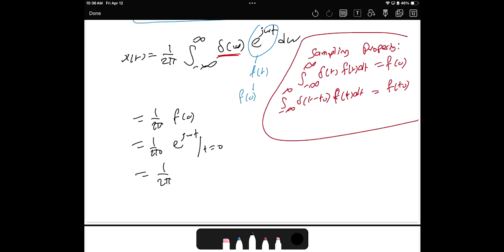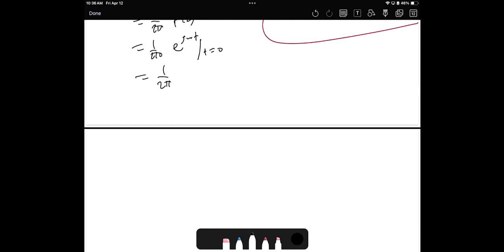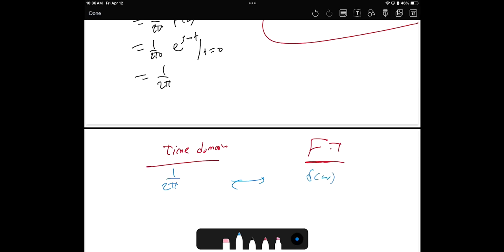So as a result, here is the time domain, and here is the frequency domain, the Fourier transform. Whenever we have 1 over 2 pi in the time domain, this yields delta. How about if I have 1?